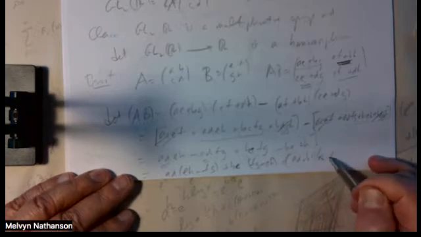This is the negative of this. So this is AD minus BC, times EH minus FG. Lo and behold, this is exactly the determinant of A times the determinant of B.